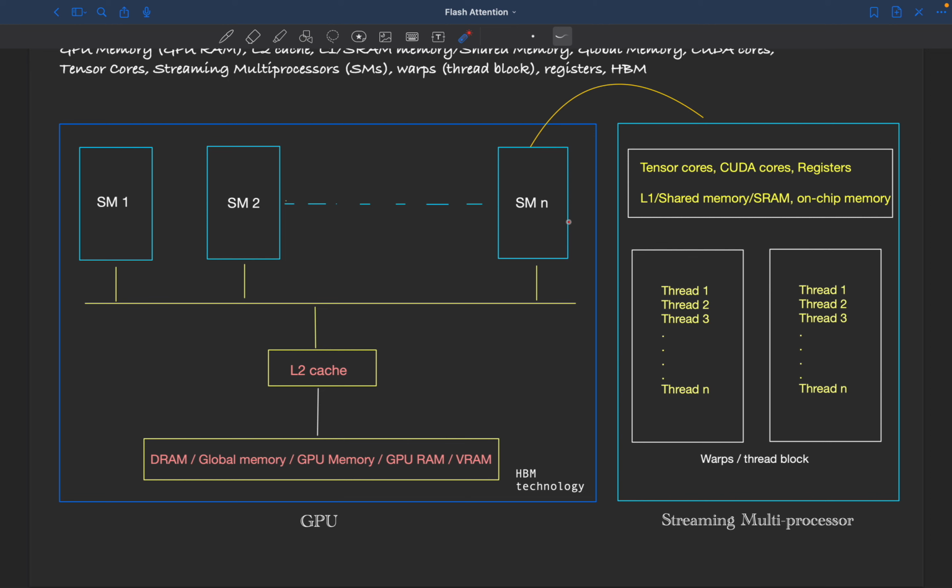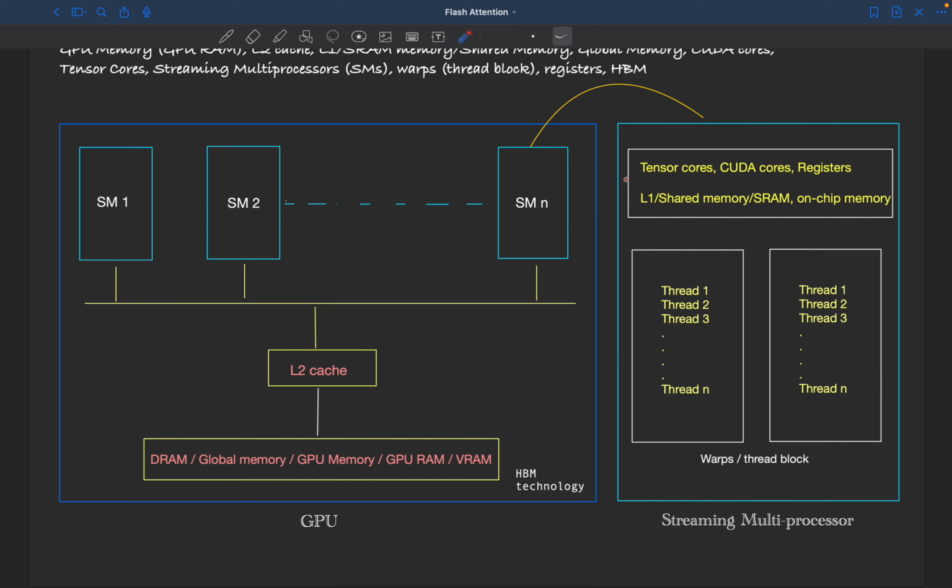But if we combine these two methods into one method, what can be done is, only one time we need to move the data from GPU memory to L2 cache to SM, and there itself the functions can be combined together, and things can be done.